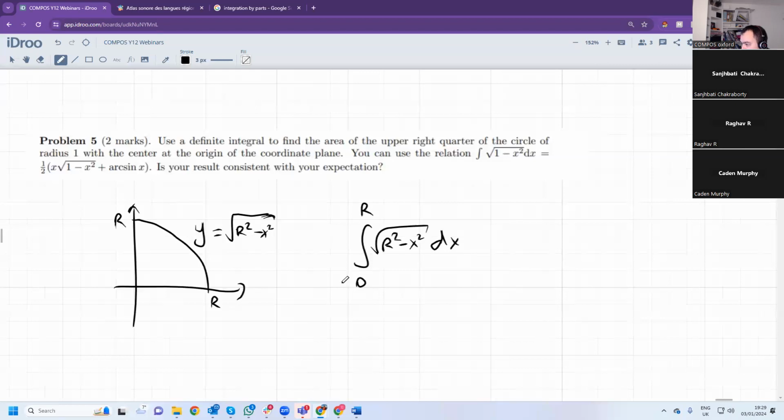No, no, you can't really substitute it like this. You need to use this result.